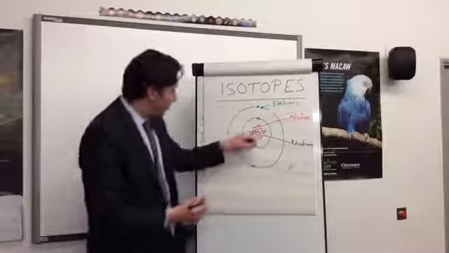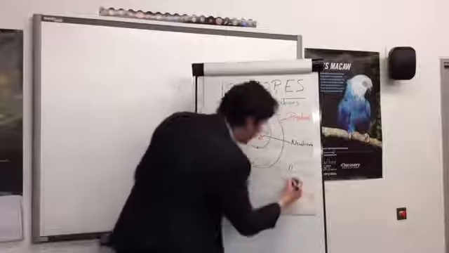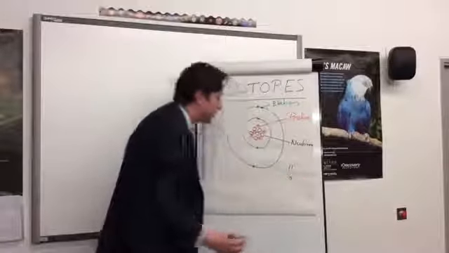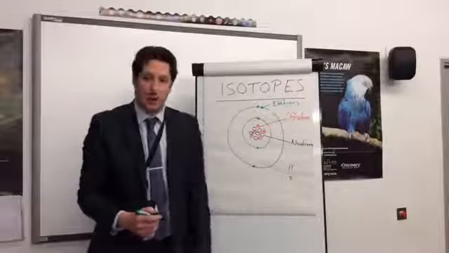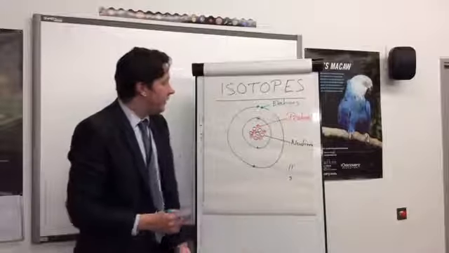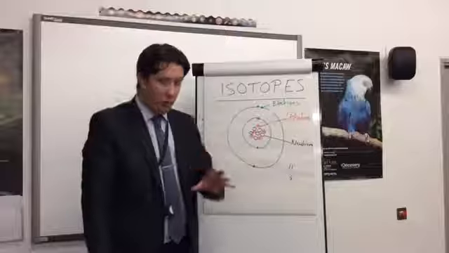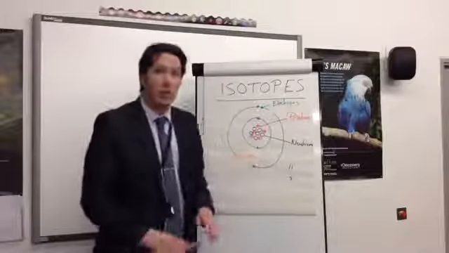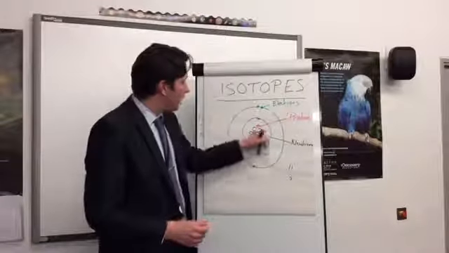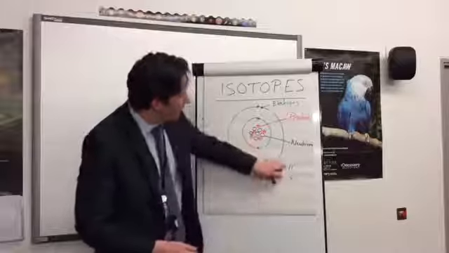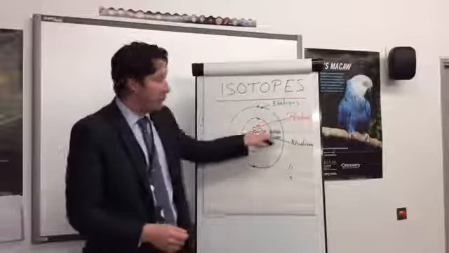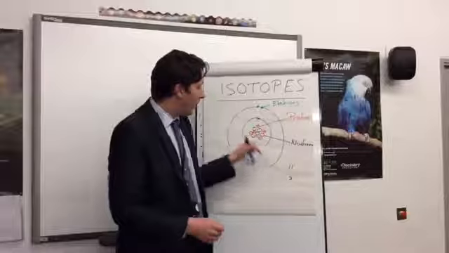Now, the proton number, the number of protons, is the bottom number, which is called the atomic number, and this has 5 protons in the nucleus. So we've got 11 particles in the nucleus made up of protons and neutrons, and 5 protons.